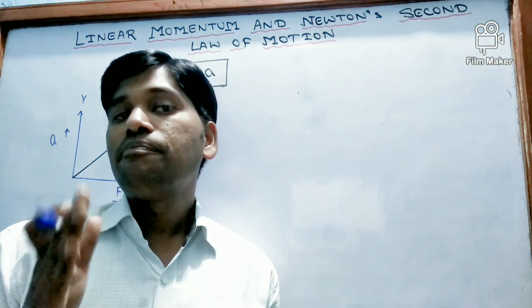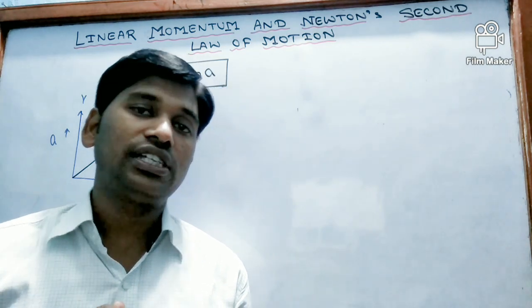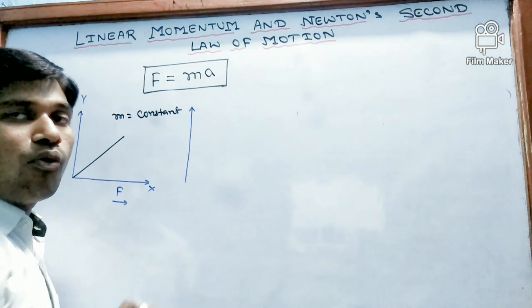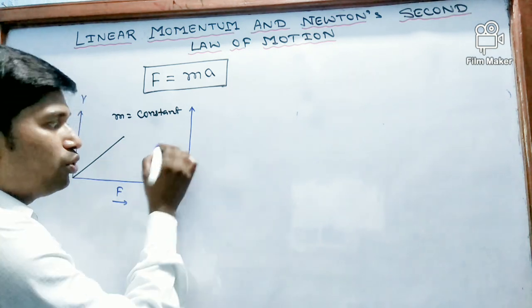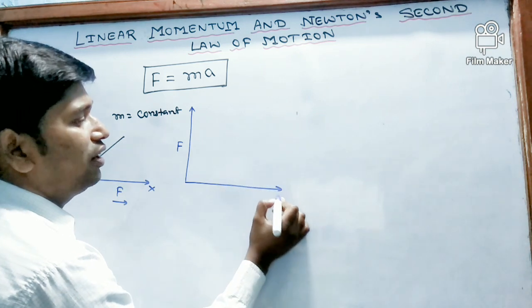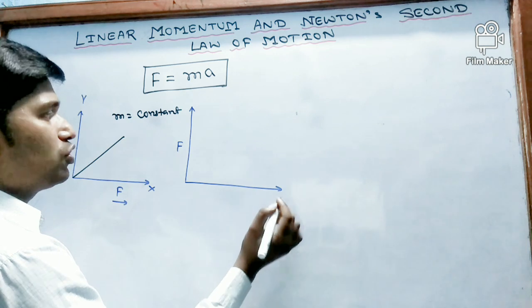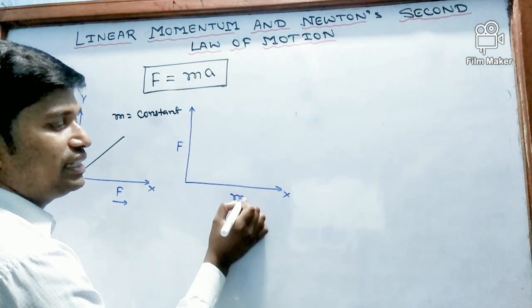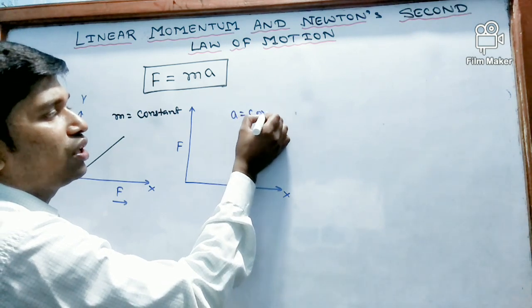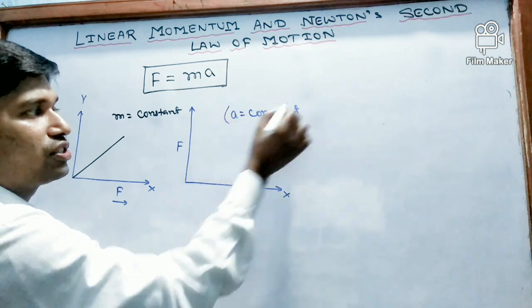Next graph we will see is between force and mass, keeping the acceleration of the body constant. We will show the force along the y-axis, and along the x-axis we will represent the mass of the body, keeping a equals constant, meaning the acceleration of the body is constant.